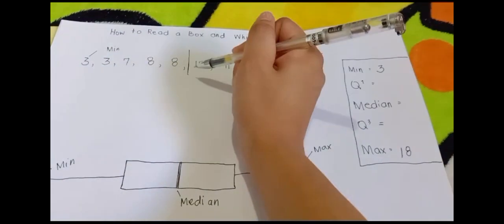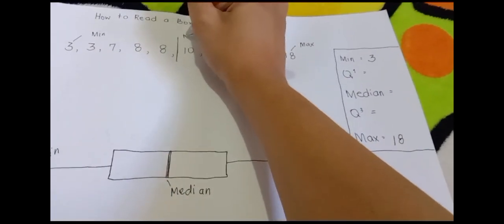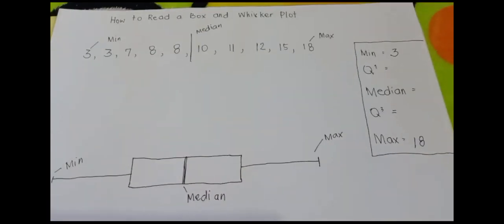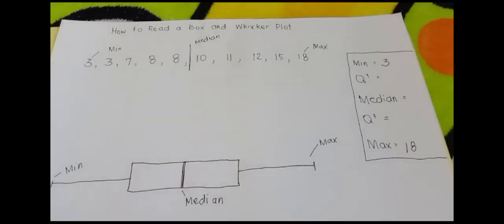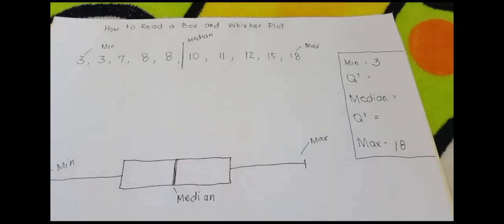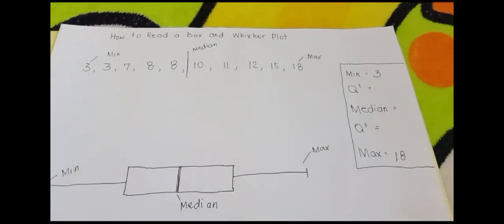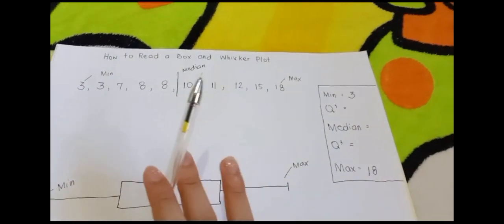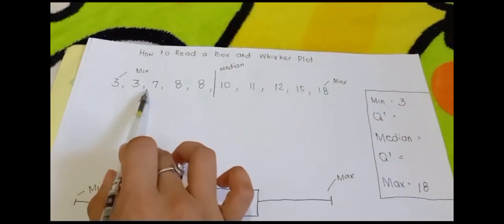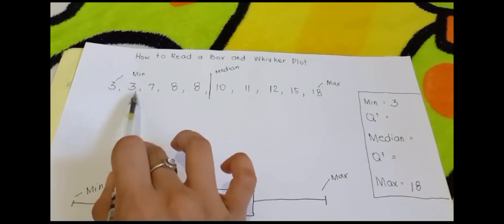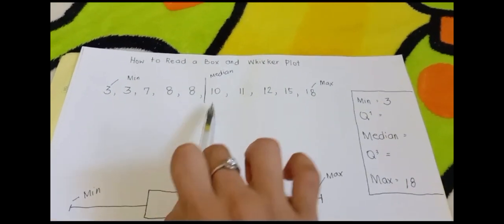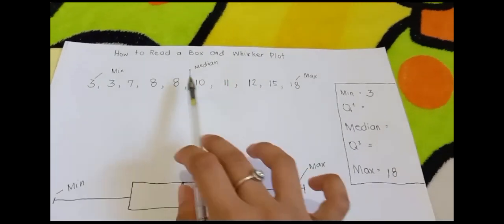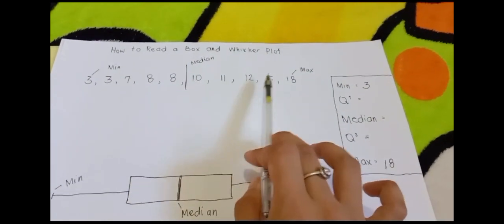Ito po ang median. Hinati nito ang data sa set. We have 5 numbers to the left, 1, 2, 3, 4, 5, and 5 numbers to the right, 1, 2, 3, 4, 5.